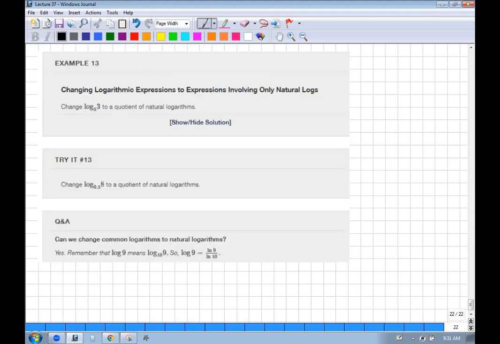All right, so I want to switch to a natural log. Okay, but I can't just write natural log of 3. I have to divide by natural log of my old base. So if I want to switch it to natural log, I can't just switch that unless I divide by the natural log of the old base.